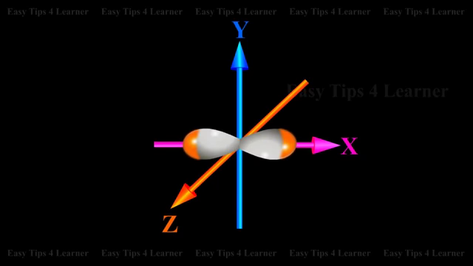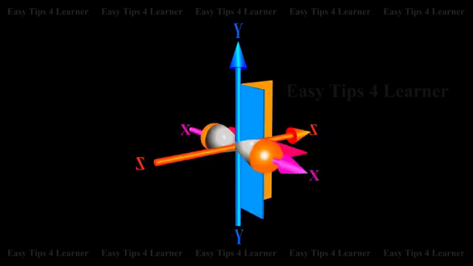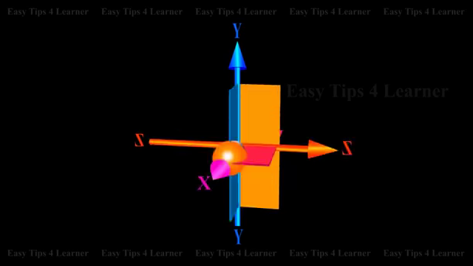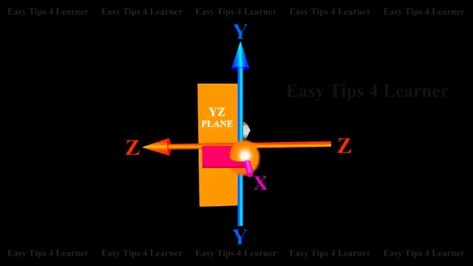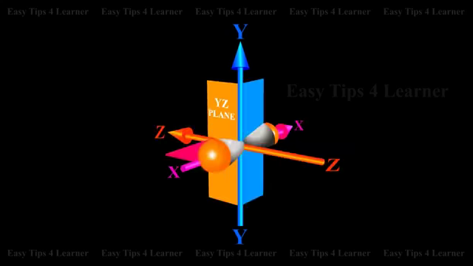The lines in the figure represent the cross-section of the three-dimensional boundary surface of p orbitals. The boundary surface means the surface which encloses 90% of the dots representing the electrons. Two lobes of each p orbital are separated by a nodal plane, that is, a plane having zero electron density.